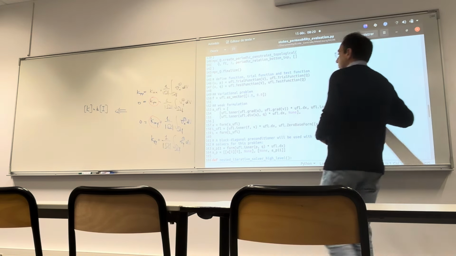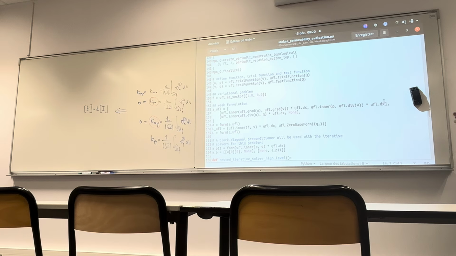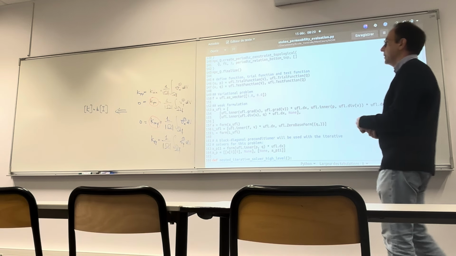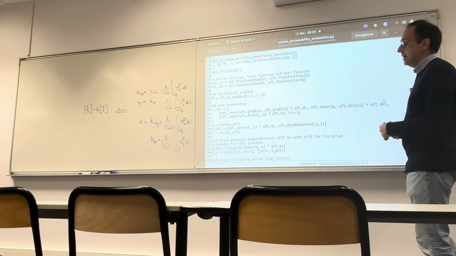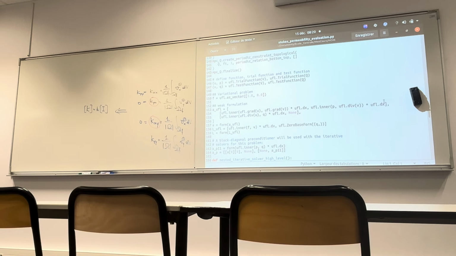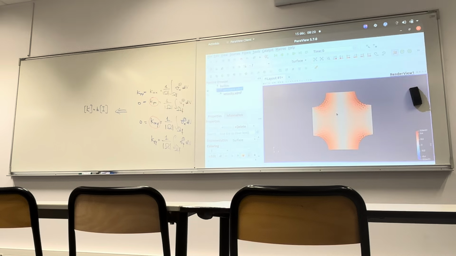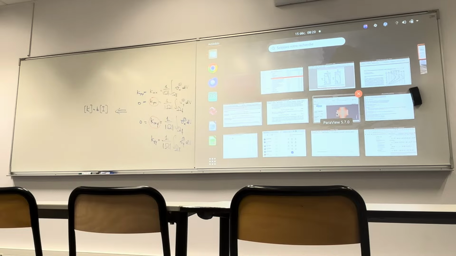What I asked you, I sent you a message a few days ago, and we discussed also quickly this last time, is to modify this formulation in order to introduce, at the level of the mesh, let me see if I have the mesh to show you.